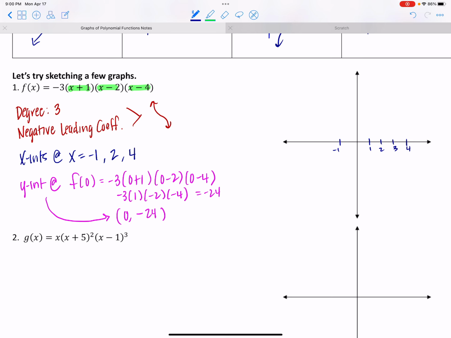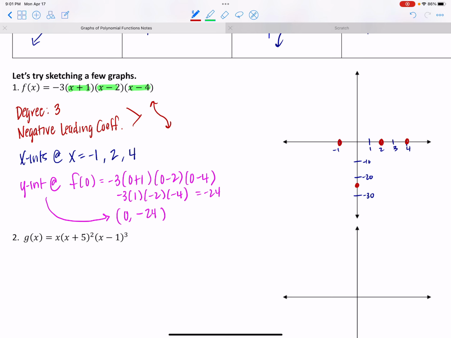So let's just go 10, 20, 30. And this is just a sketch, so you can kind of make it work for you, which is exactly what I'm going to do. All right, so let me plot the points I got here. I know I'm going to cross the x-axis at -1, at +2, at +4, and I'm also going to cross the y-axis at -24, which would be like down here somewhere.